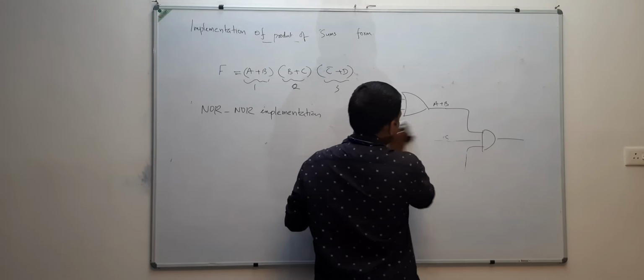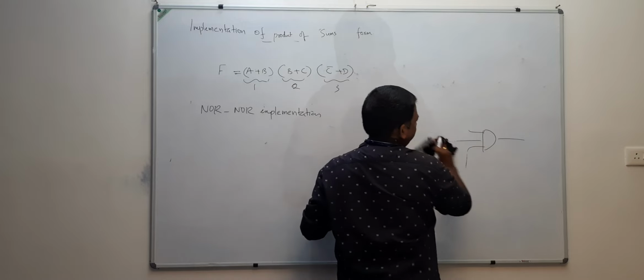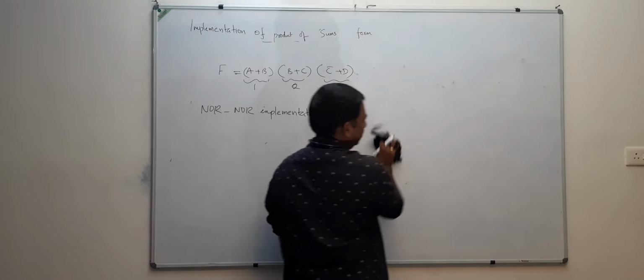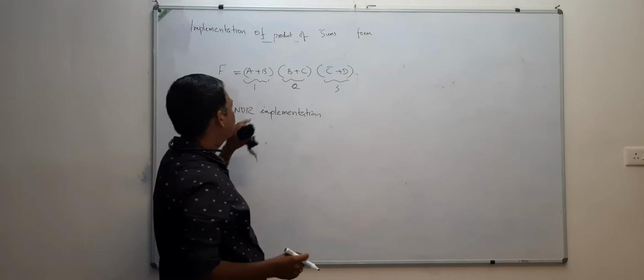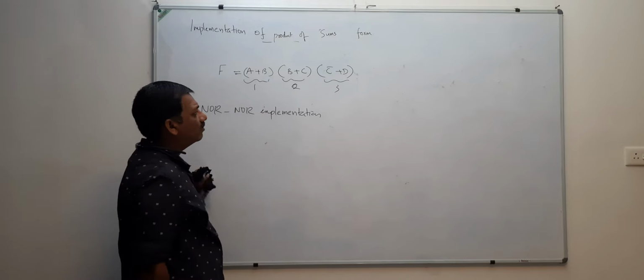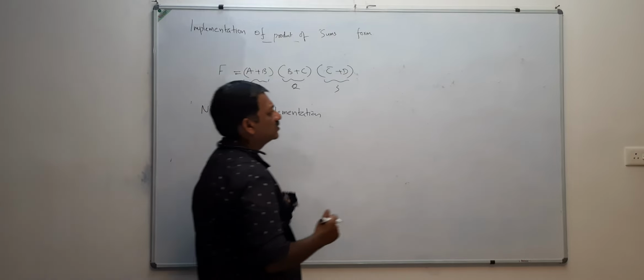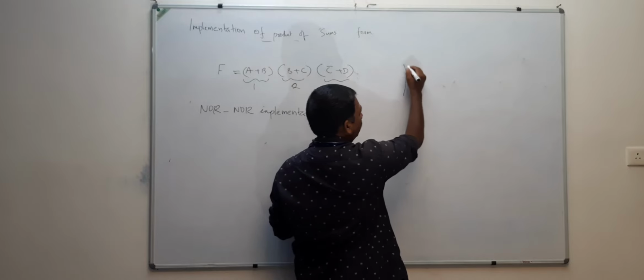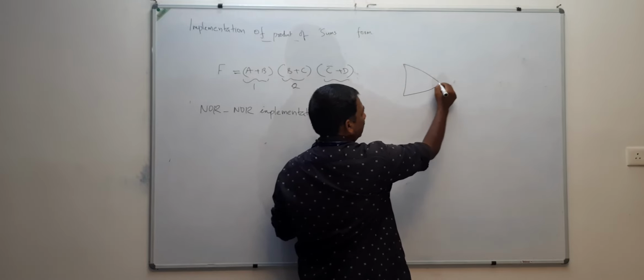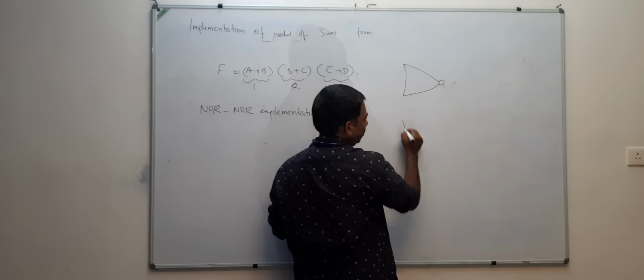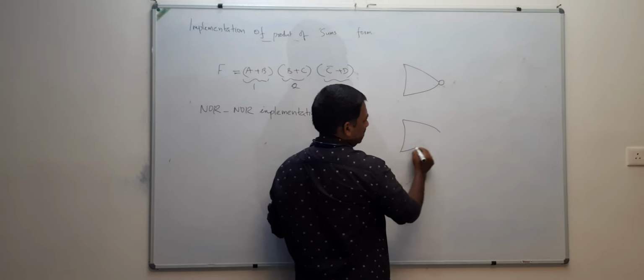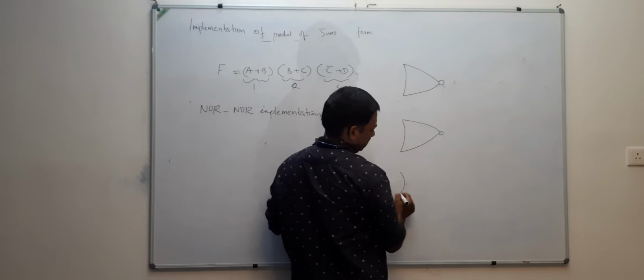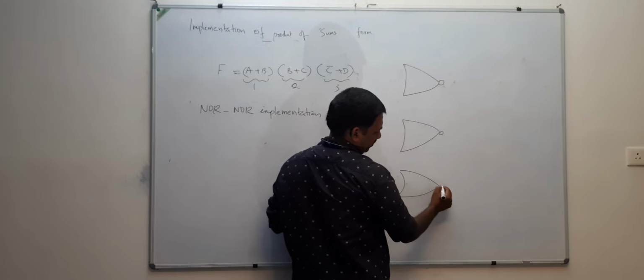Just like our NAND implementation, in the first level you are going to calculate the number of sums. Here you have 3 sums, so in the first level you are going to have 3 NOR gates. This is gate number 1, gate number 2, and gate number 3.